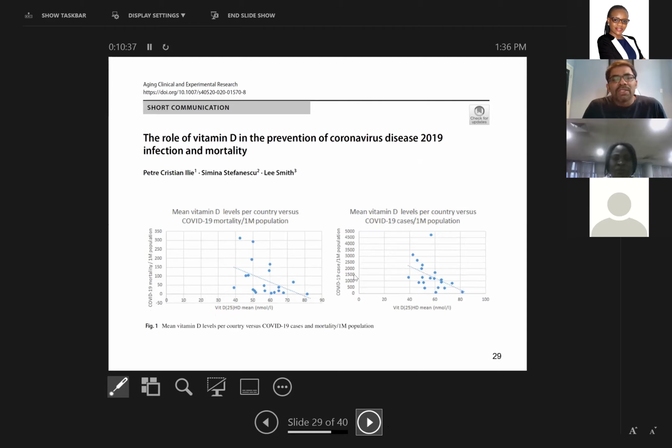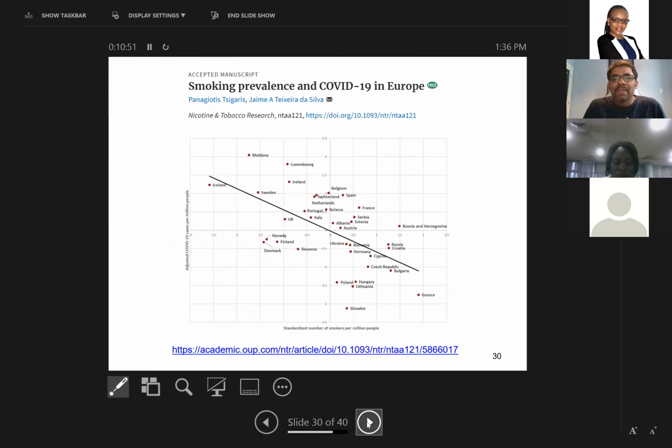So here is an ecological correlation on vitamin D, right? Countries with higher vitamin D levels in the population have lower levels of COVID. So a whole bunch of people are now chasing this vitamin D story. This is smoking. This scared the heck out of me.